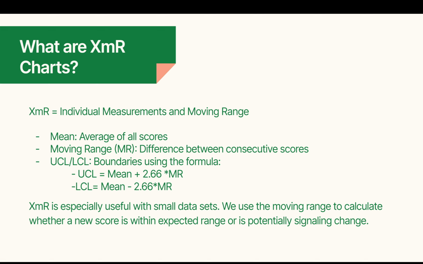And then we have the LCL, which is the mean, where we subtract 2.66 multiplied by the moving range. So XMR is especially useful with small data sets. We use the moving range to calculate whether a new score is within the expected range or if it's potentially signaling change.